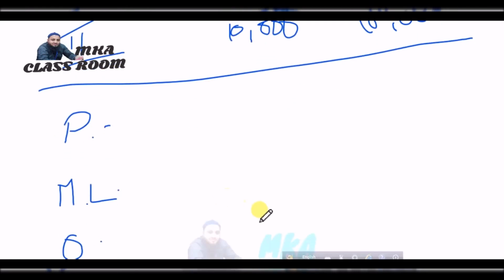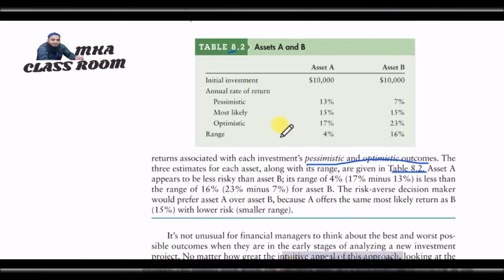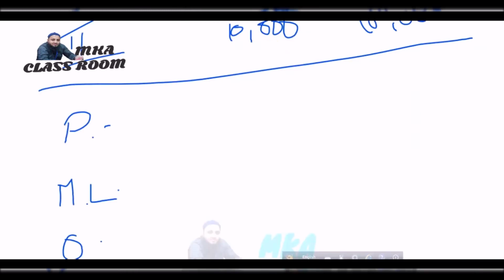So in our example we will see pessimistic 13%, most likely 15%, and optimistic 17%.